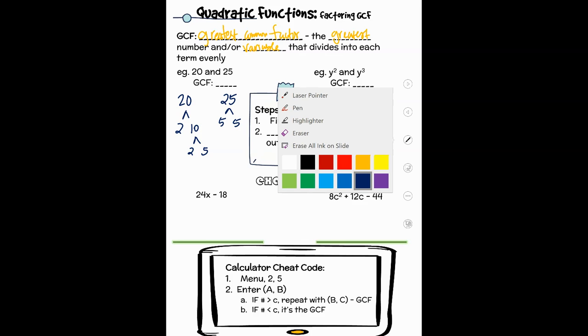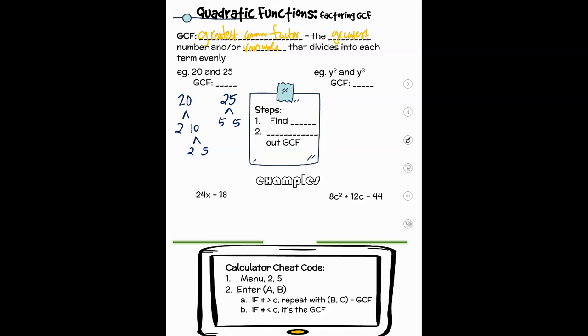Okay, what do I do with this information? Now I'm looking at which of these small factors of 20 are also small factors of 25. We've got 2, 2, 5, and 5, 5. So a 2 in 20, there's no 2 in 25, so that's not part of our greatest common factor.